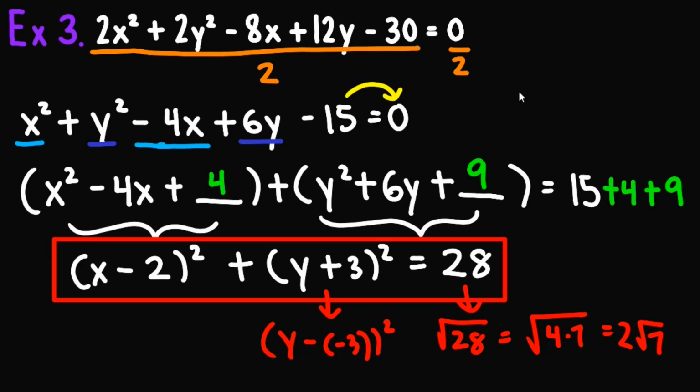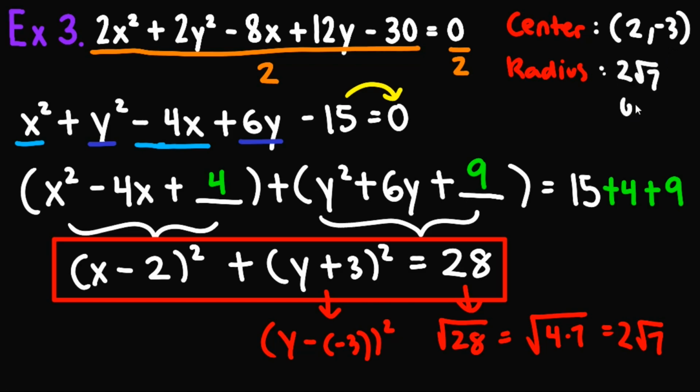And so, let's put here the center and the radius. So the center is given by the point 2 and negative 3, while the radius is given by 2 square root of 7 units. So that is the answer for this problem.